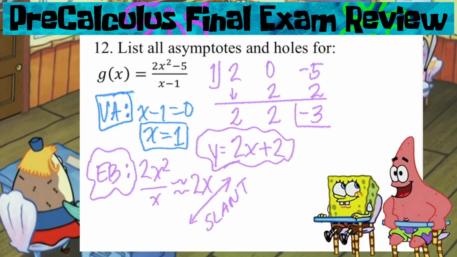If you are curious what this graph looks like, I will very quickly do a little sketch. So 2x plus 2 is the slant. Up 2 over 1. Not the straightest line I've ever drawn, but we're doing our best. X equals 1. Oh man, no, I should draw this lower.